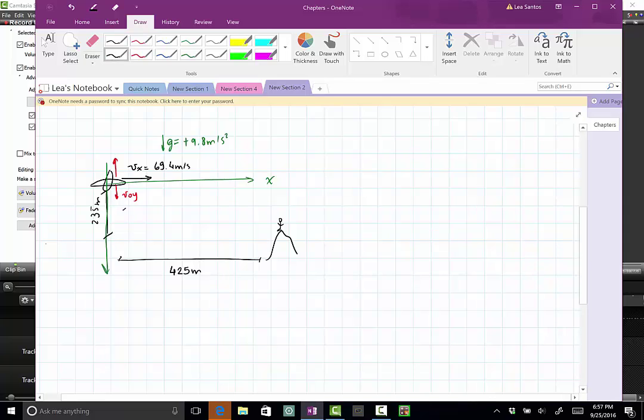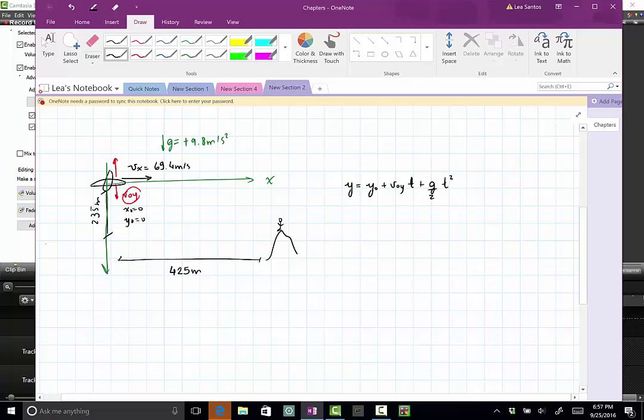What else do we have? Well, according to our frame, the initial position is 0 in the x and the y direction. If what I want to find is v naught y, the initial velocity in the y direction, I could go straight to the equation that involves that velocity. So y equals y naught plus v naught y t plus g over 2 t squared.